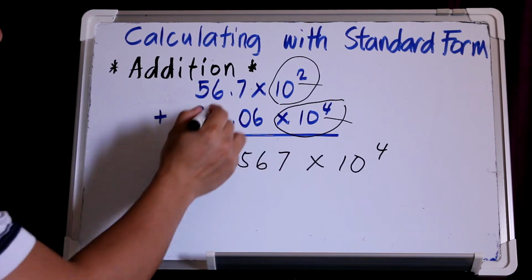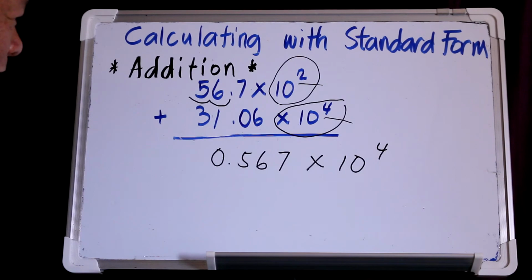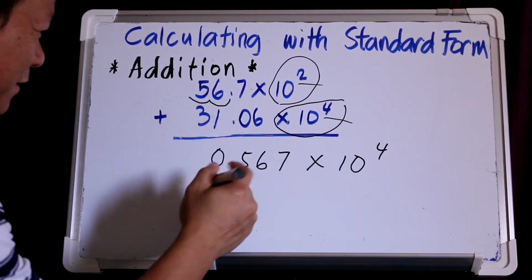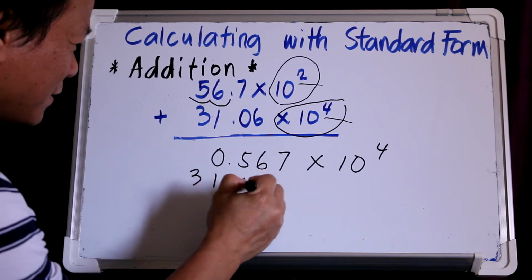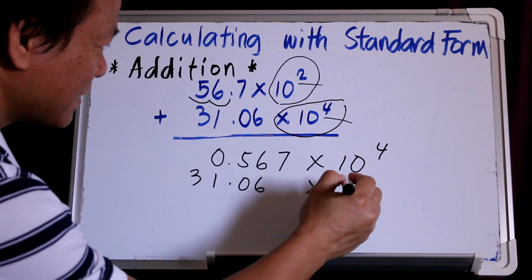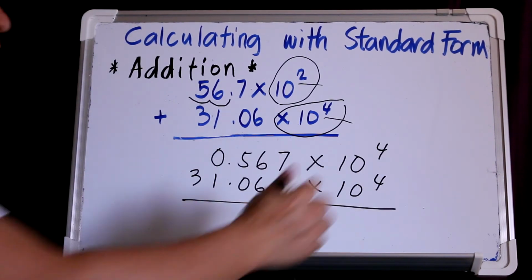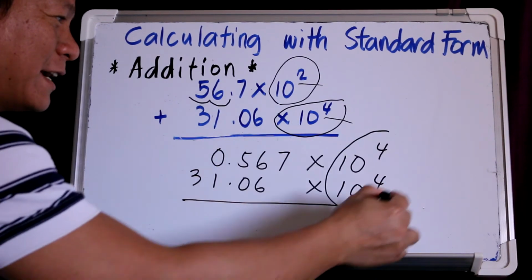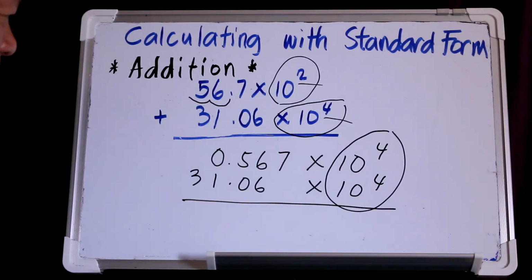What I did is I moved the decimal point. And then I write this number here, 31.06 times 10 to the power of 4. Now that you have the same index, you can simply add from the right towards the left.